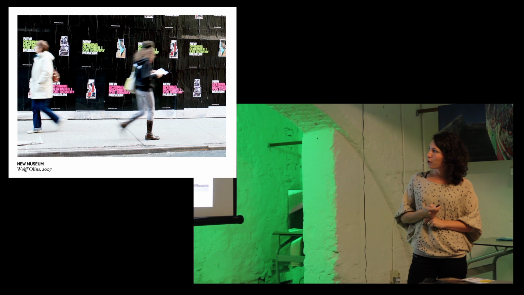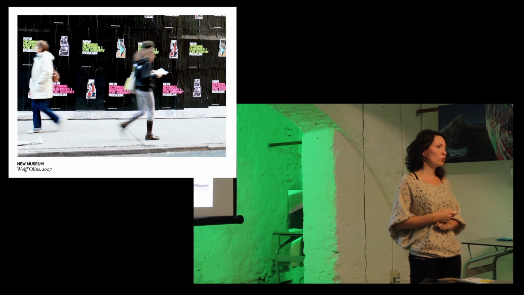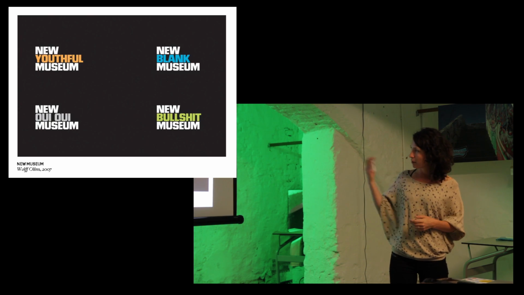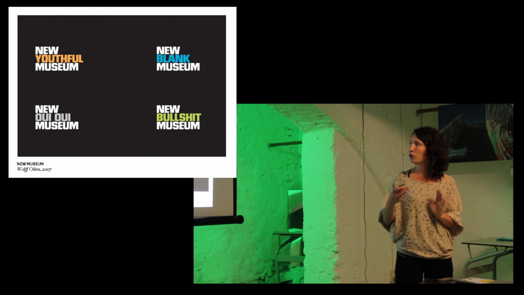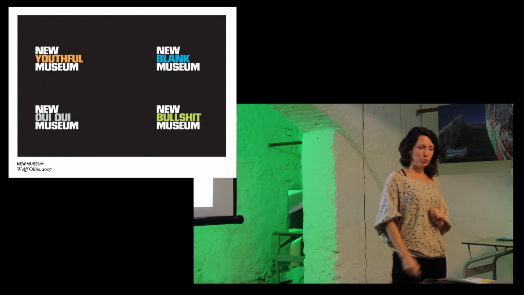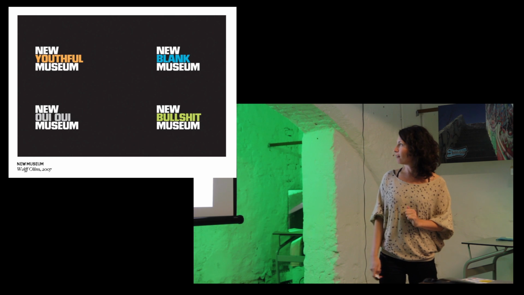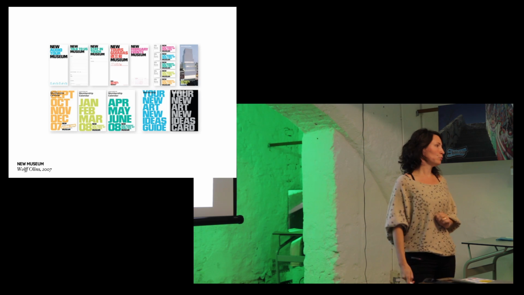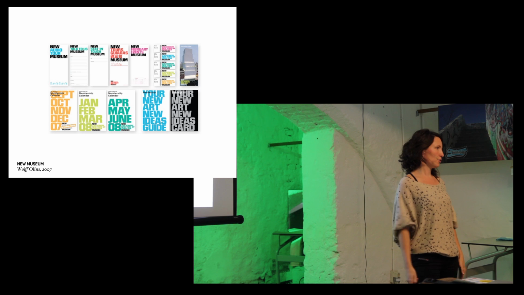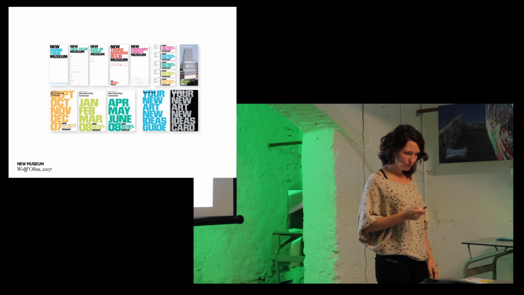With this system they are able to communicate their opening days, different exhibitions, anything really, and also make statements with it. They are the New Youthful Museum, they are the New Blank Museum, and within all of their communications they can say the New Audio Tour Museum, and at the toilet it says New Toilet Museum. It makes the toilet even a museum within a museum.